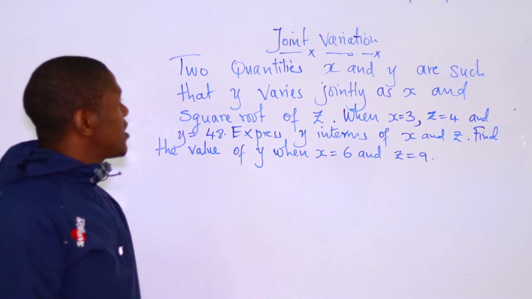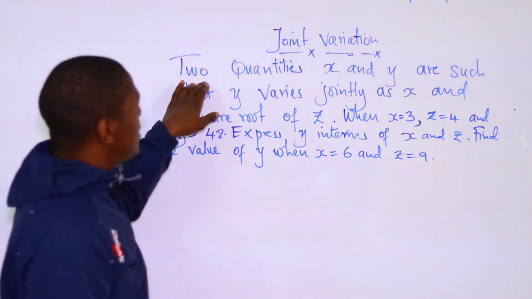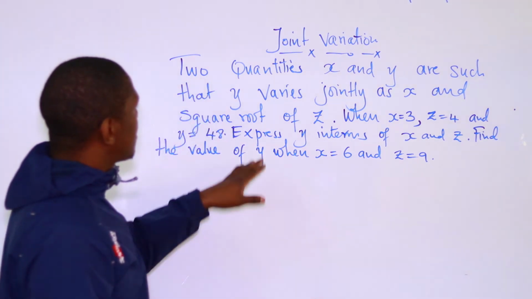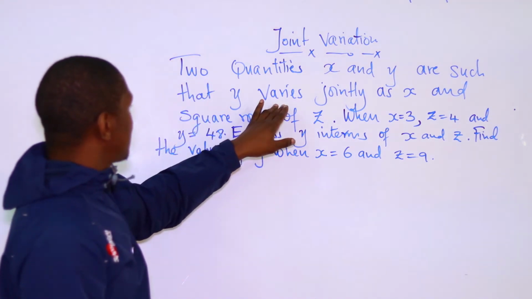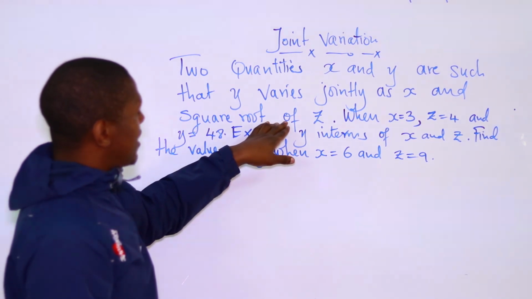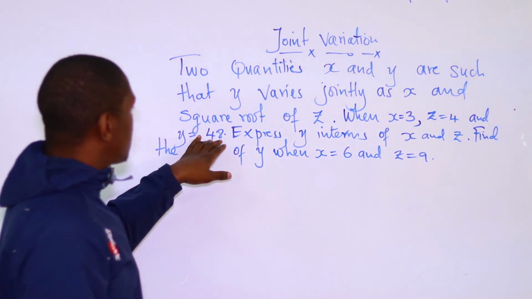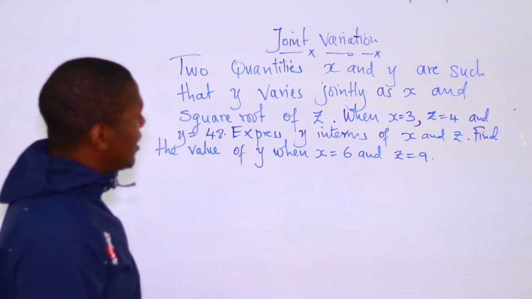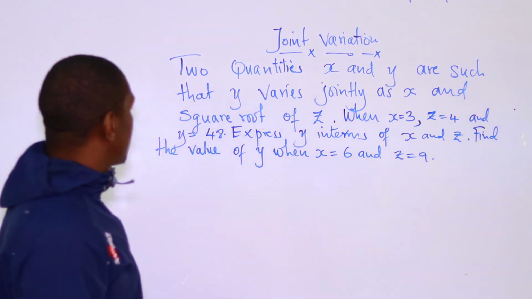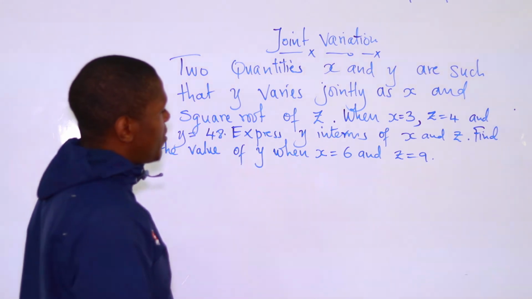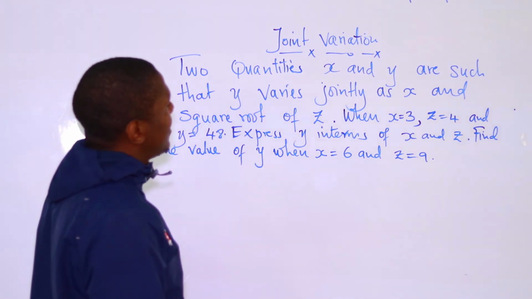On to example 1. We're being told two quantities x and y are such that y varies jointly as x and the square root of z. When x is 3, z is 4, and y is 48. Express y in terms of x and z, and find the value of y when x is 6 and z is 9.